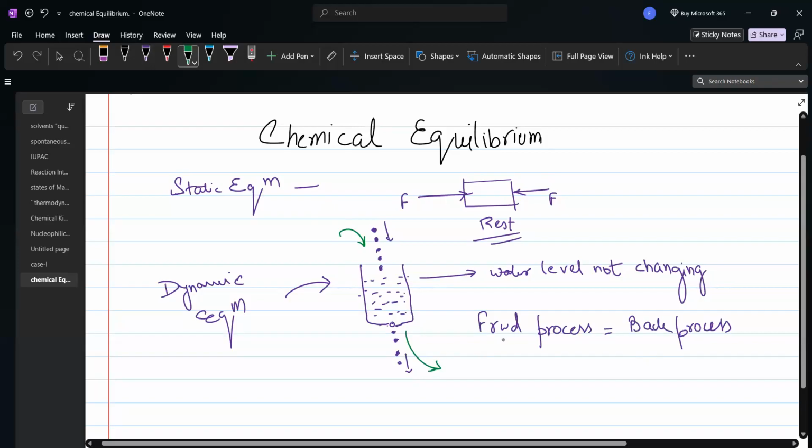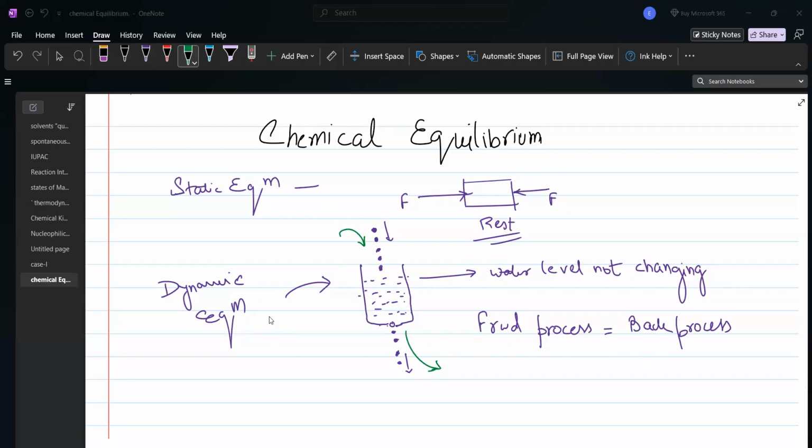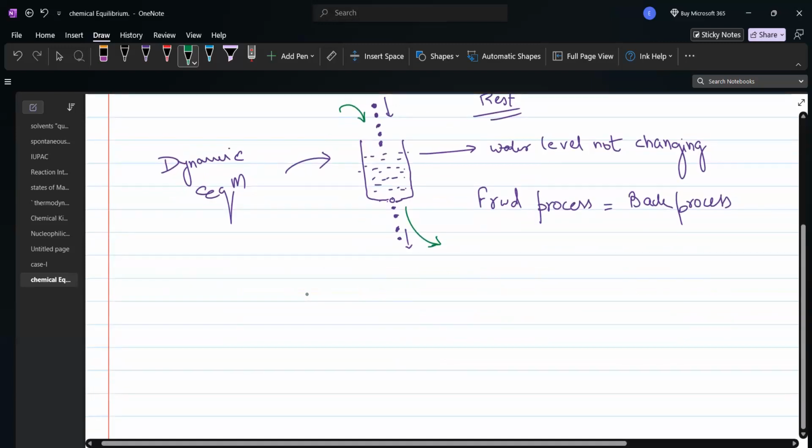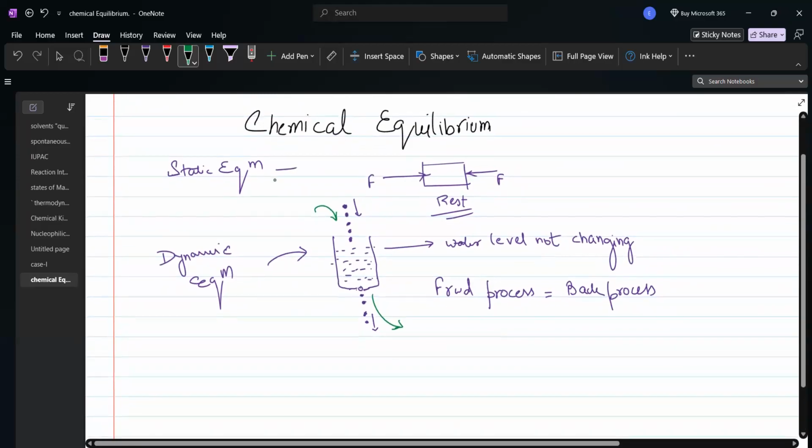These both processes are equal. So that is why this is in dynamic equilibrium, right? Everybody understood this? Yes, sir. Okay. So kindly write this down.